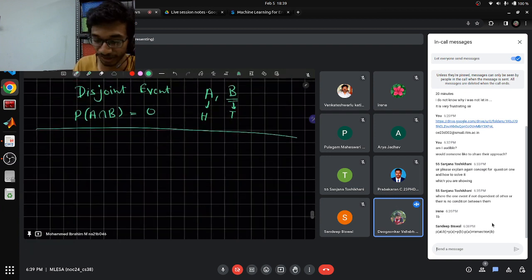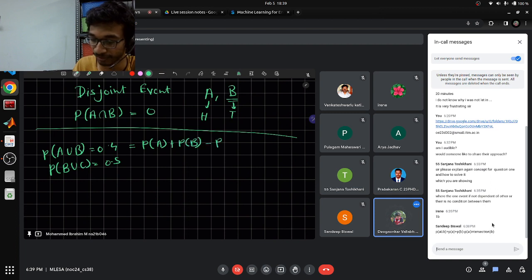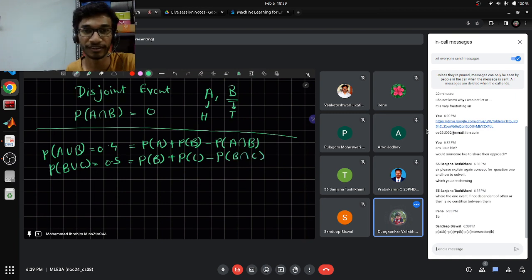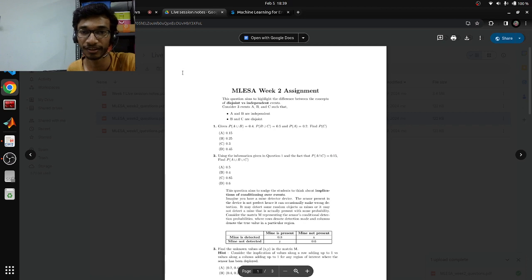So here we have P of A union B as 0.4, B union C as 0.5. P of A union B is P of A plus P of B minus P of A intersection B, and that's what Sandeep just put in the comments. Yes, that is correct. And then P of B plus P of C is just P of B union C, since you have been told that A and B are independent while B and C are disjoint.